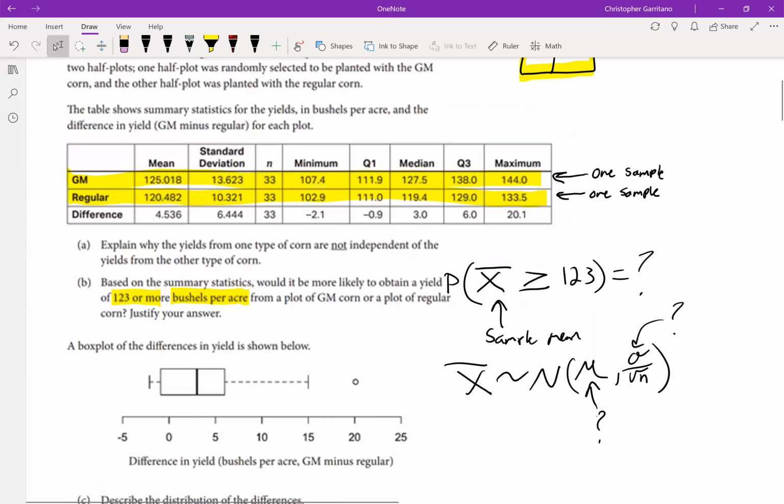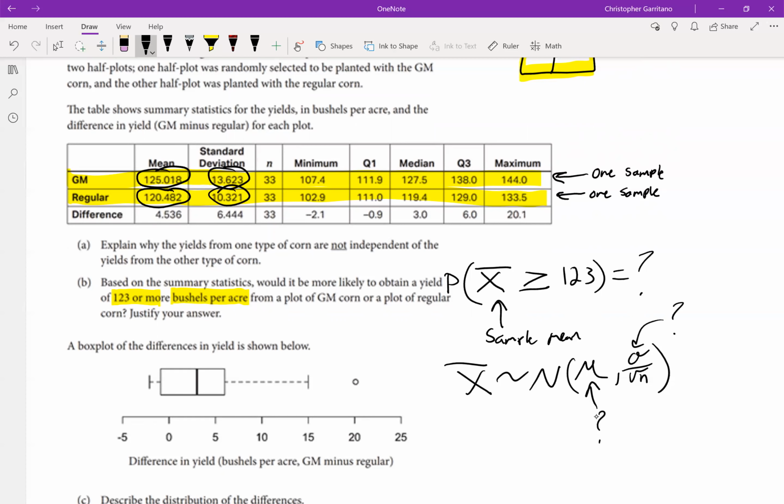Now, we do have one single sample mean for genetically modified and one single sample mean for regular. We have one single sample standard deviation for genetically modified and one single sample standard deviation for regular. And perhaps I think it would be okay to use those values as approximations for mu and sigma.